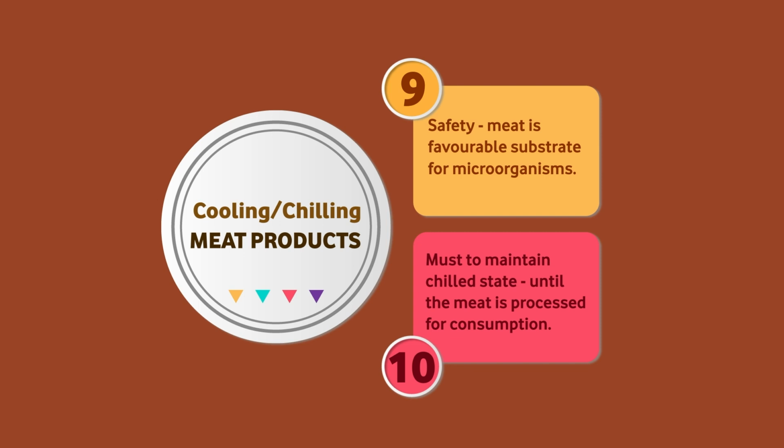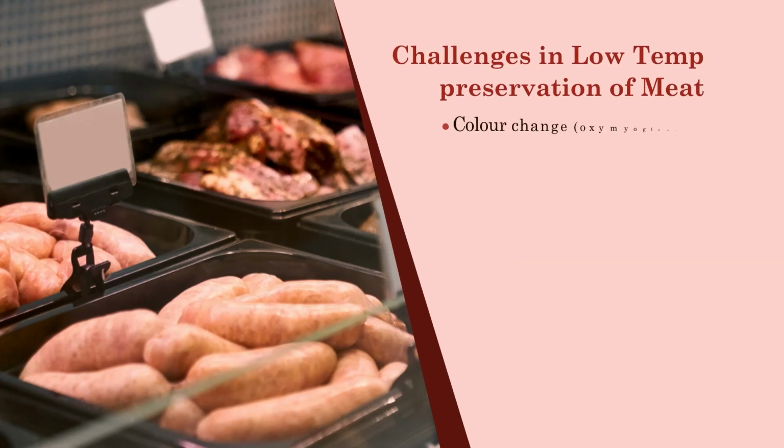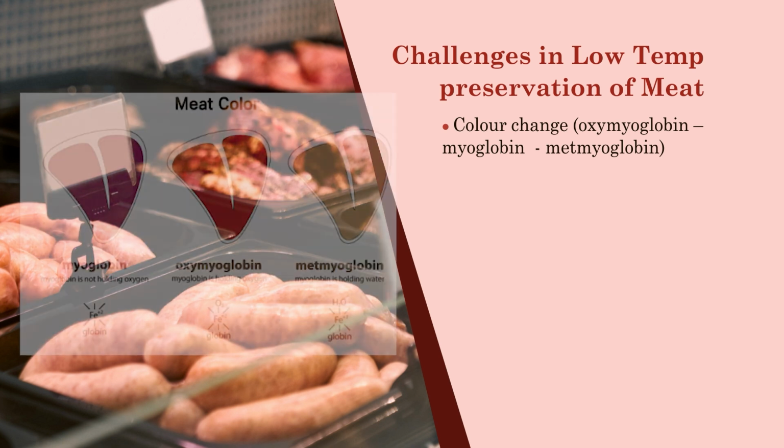It is a must for meat products that the chilled state should be maintained throughout the supply chain until the meat is processed and consumed. The challenges in storage of meat may also be seen. These challenges could be color change, cold shortening, tainting.